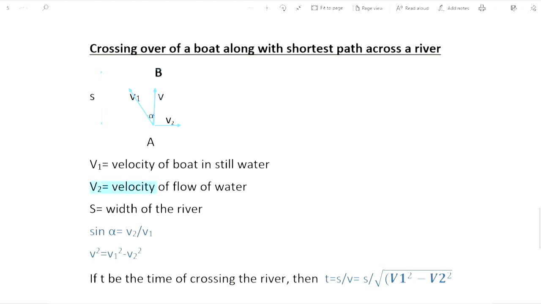Now from this triangle we can say that sine alpha is perpendicular upon hypotenuse, and it is V2 upon V1. Perpendicular is V2 and hypotenuse is V1, so V2 upon V1.